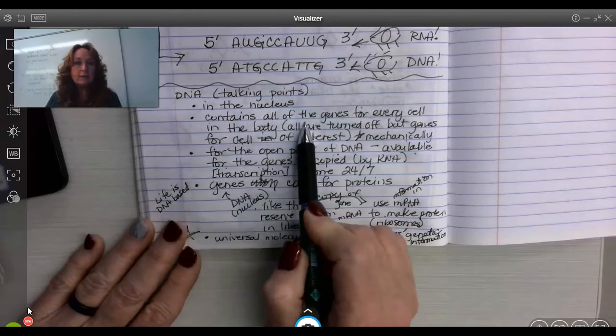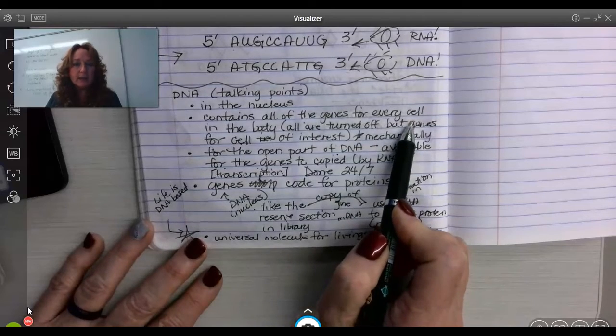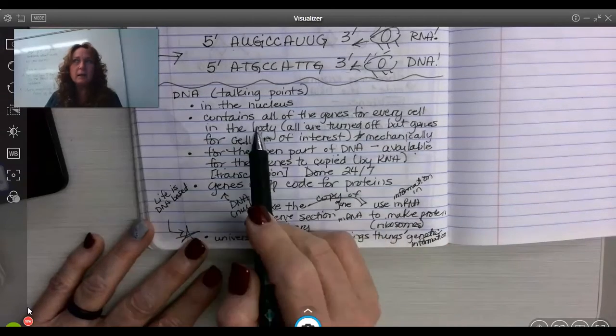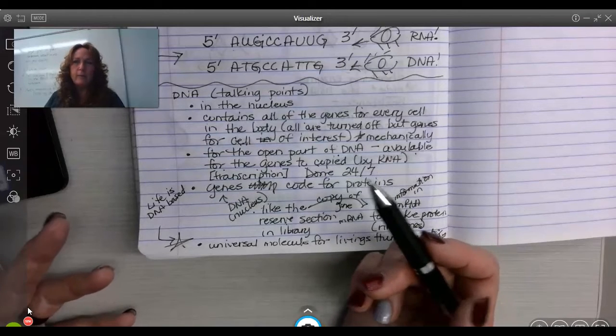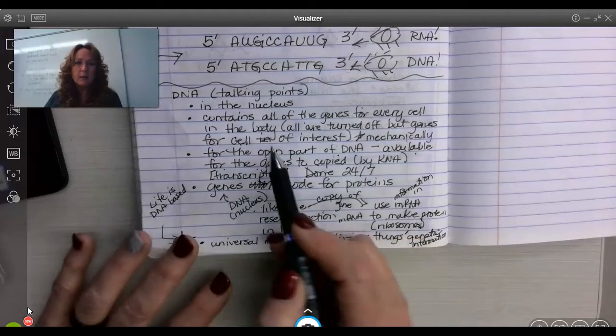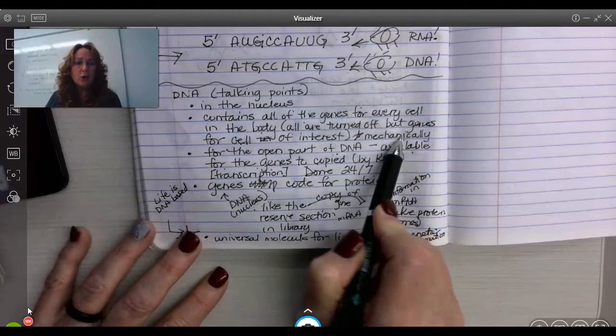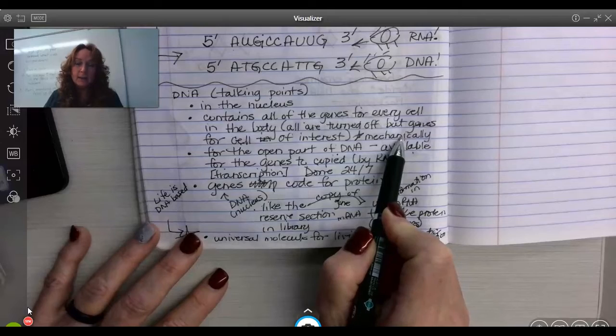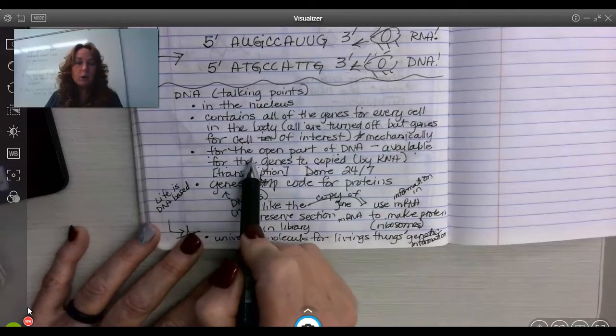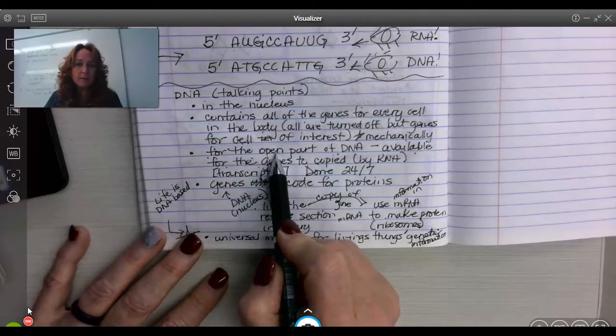So you have every gene for every cell, but obviously a liver cell doesn't need to know how to make proteins for a skin cell. So those are mechanically turned off. If you think about it, most of DNA is off. That cell will only leave open the part to make its own proteins.